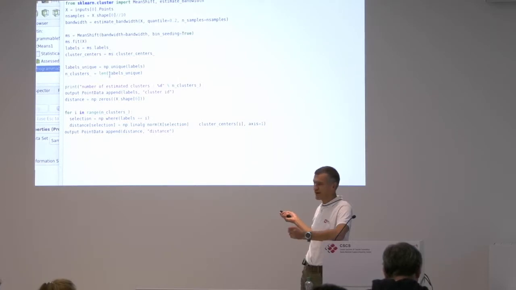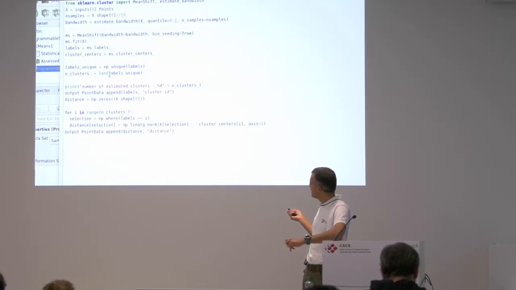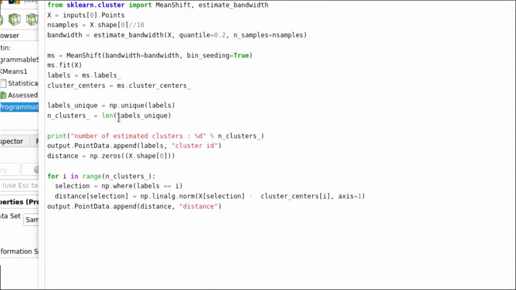Point data is where I associate a scalar field with it, and I append the labels array and I call it cluster ID. What is missing from this computation is the computation of distance. I mentioned that earlier this afternoon. So I use NumPy again here for all of my clusters.